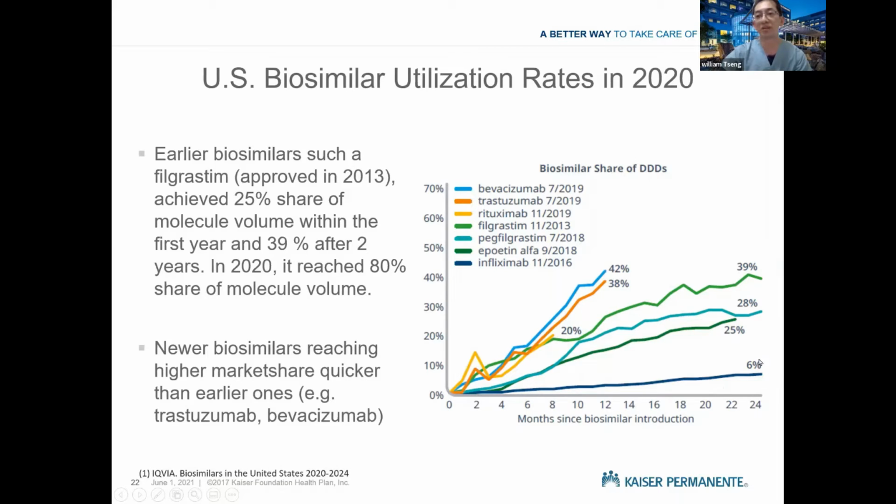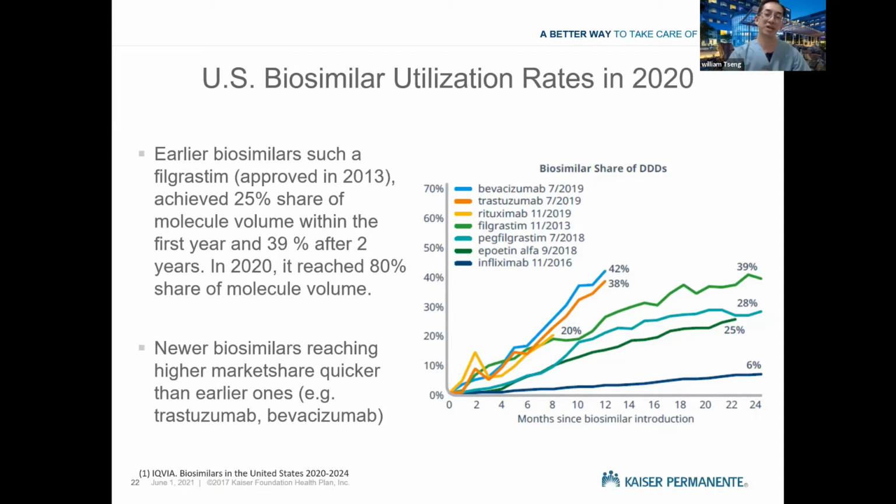It took a long time to get to 6%. Whereas the newer medications, like the one in the blue, by 2019 the uptake is already up to 42%. So the older drugs seem to have a longer ramp-up time in terms of uptake, whereas the newer medication seems to be faster. I think a lot of this is education and understanding what biologics are.